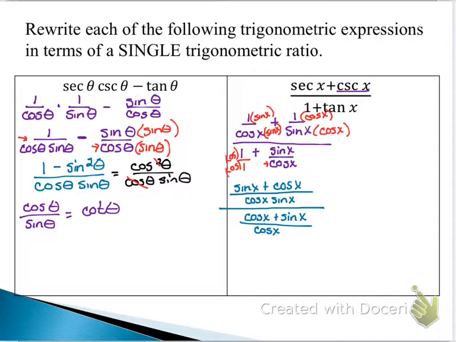cosine x. Now we're going to do the copy dot flop. Okay, so I'm going to copy what's in the numerator. So maybe if I use a different color. So sine x plus cosine x all over cosine x sine x.